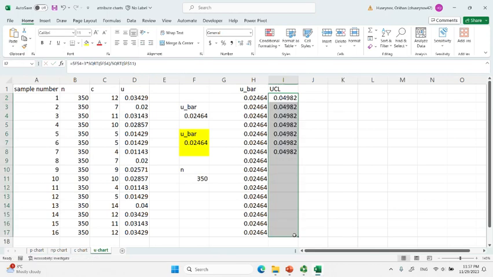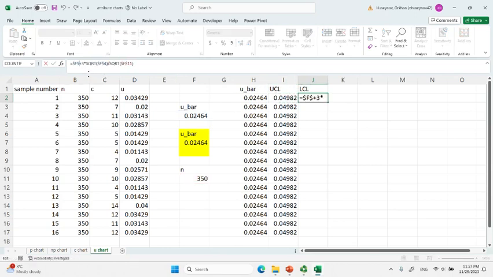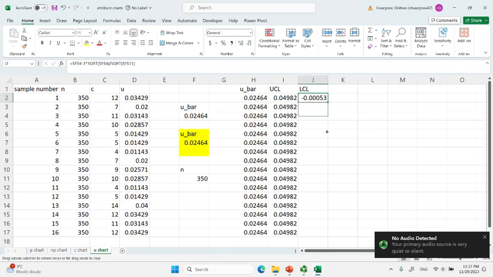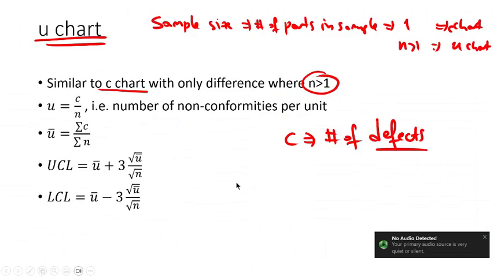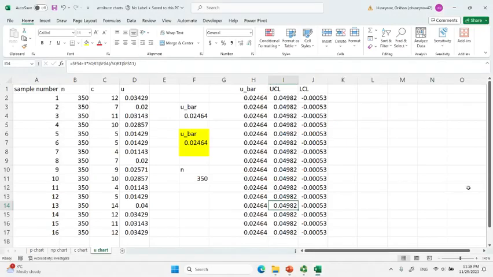This will be my upper control limit. The lower control limit is a similar formula with a negative sign. I'll copy it here and put the negative sign. And as I said in the previous recordings, if the LCL comes out less than 0, you have to set it to 0, because we cannot have negative defects. So I will make it 0.